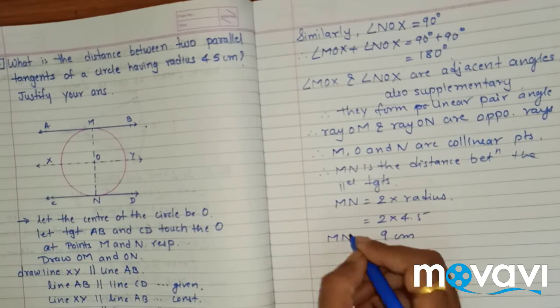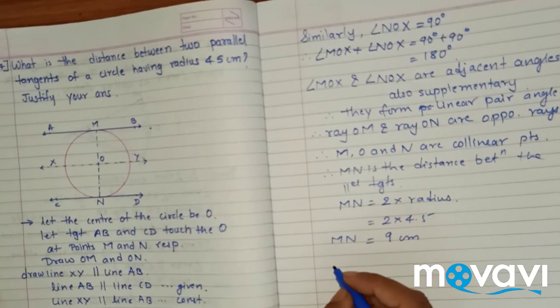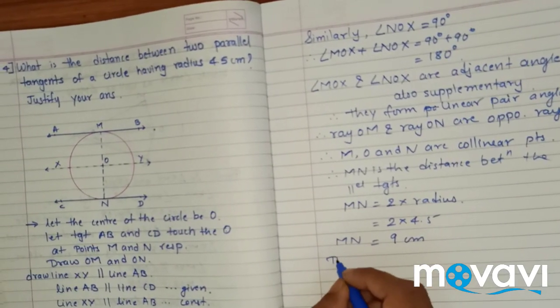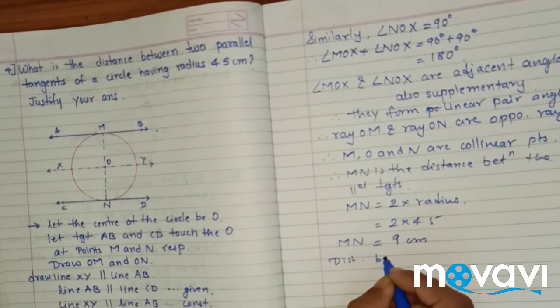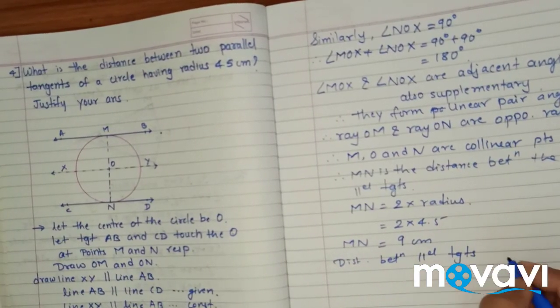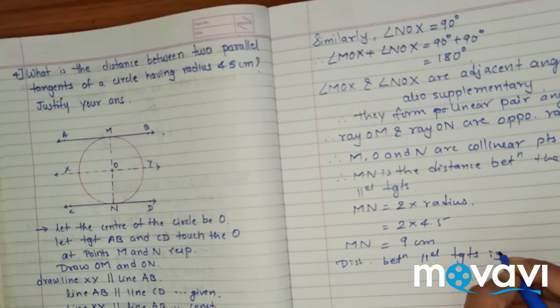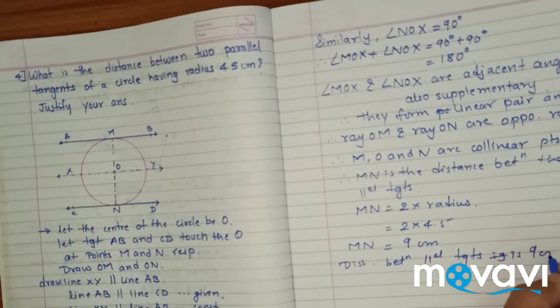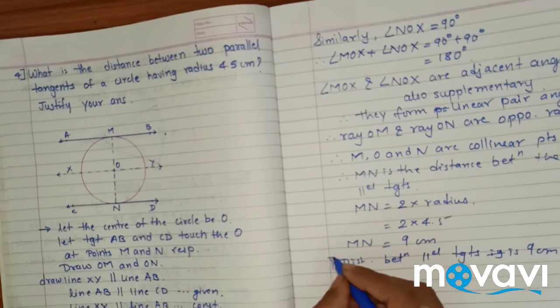So what is the answer asked? Distance between parallel tangents is 9 centimeter. So this is your answer.